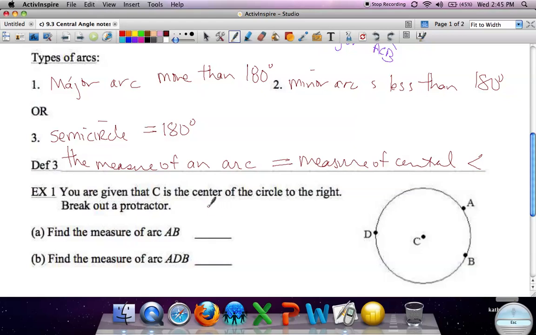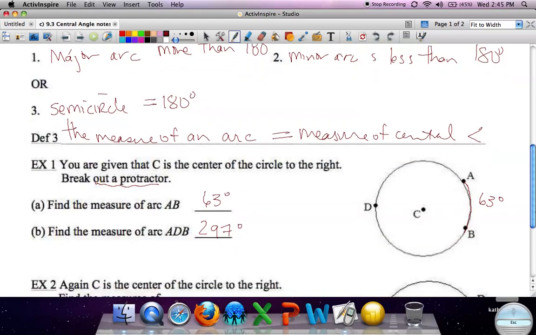So if we were to break out a protractor, which we don't have here, and find the measure of arc AB, you'd find it is approximately 63 degrees. The measure of arc ADB then would be the leftover. Well, 63 from 360 is 297 degrees. So these two we're just going to take as given.